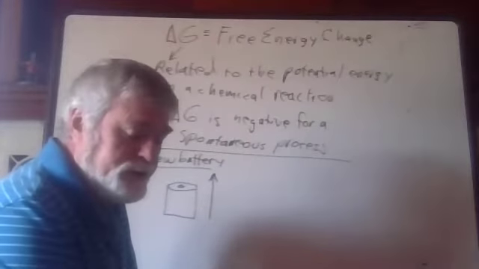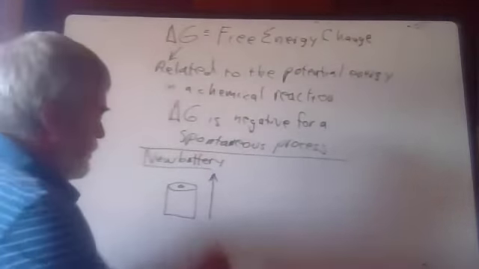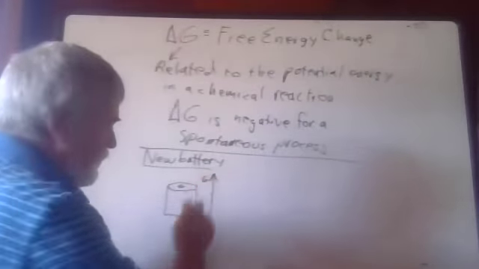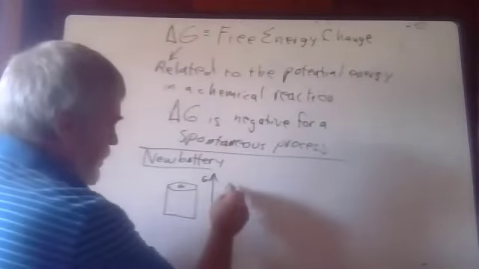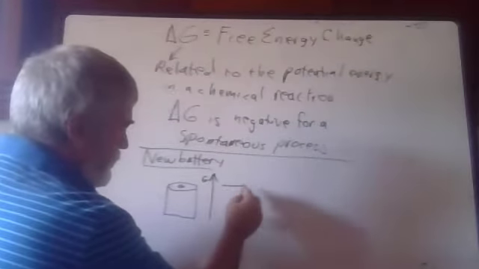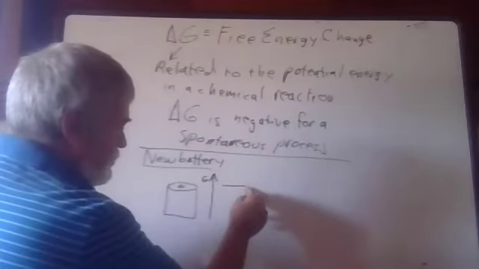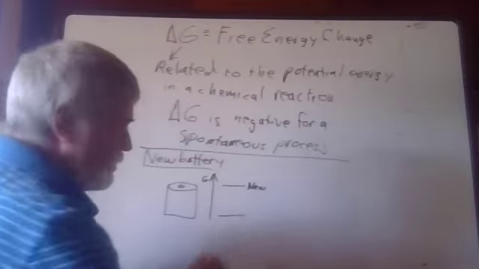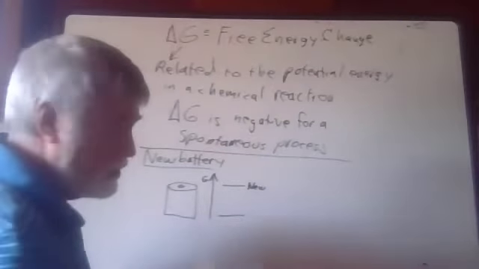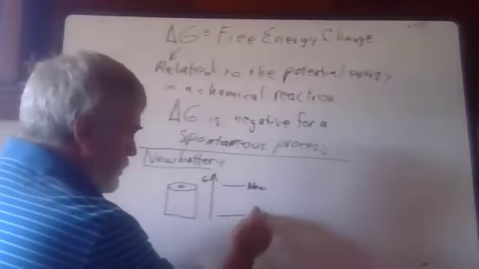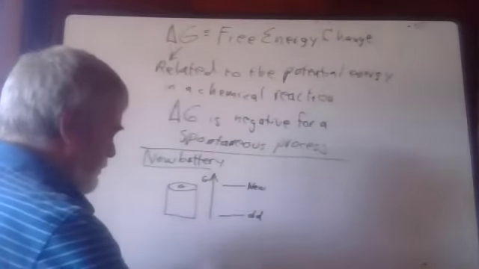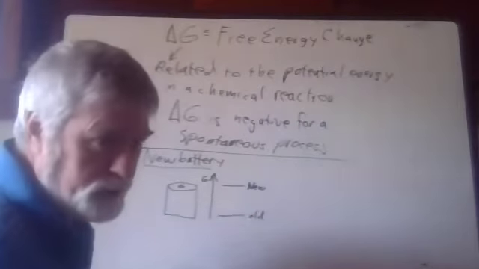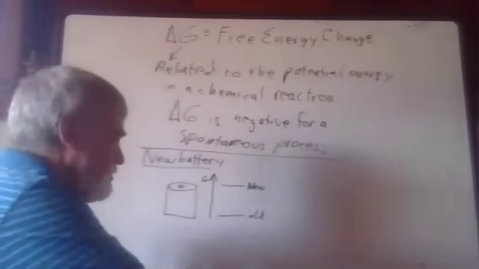we can look at a diagram that has free energy on the left axis, and up here at the top you'd have an energy level that would correspond to the battery being new. Down here you'd have an energy that would correspond to the old battery, in other words, as it's discharged.